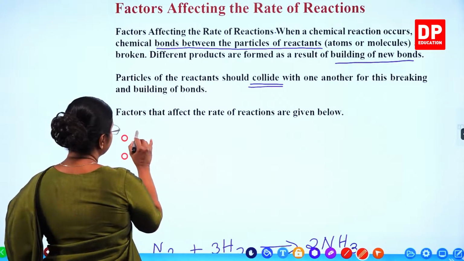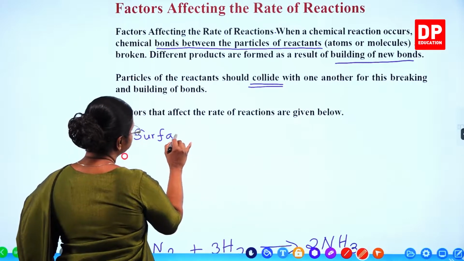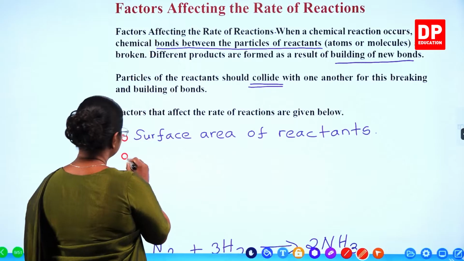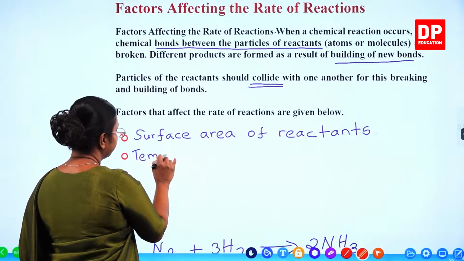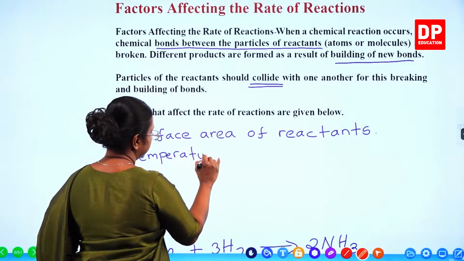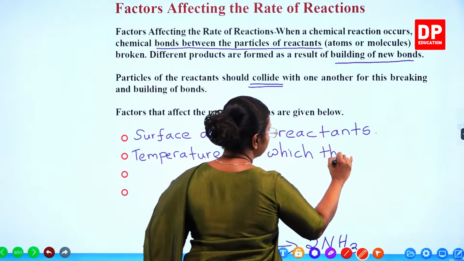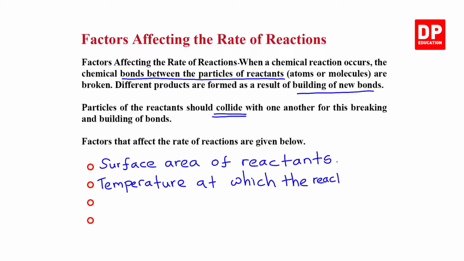So, the first factor is surface area of reactants. Then there is the temperature at which the reaction occurs. Then there is another factor, concentration of reactants.